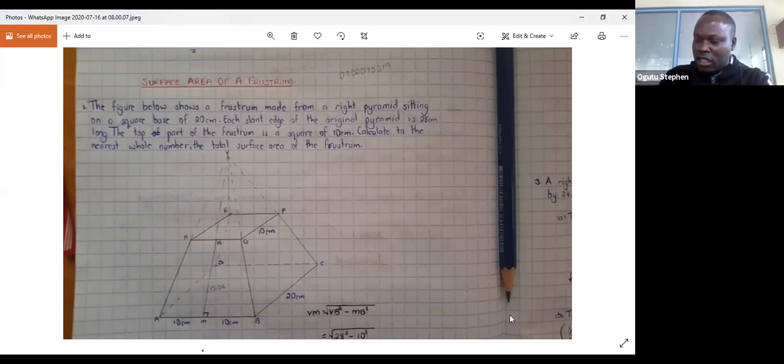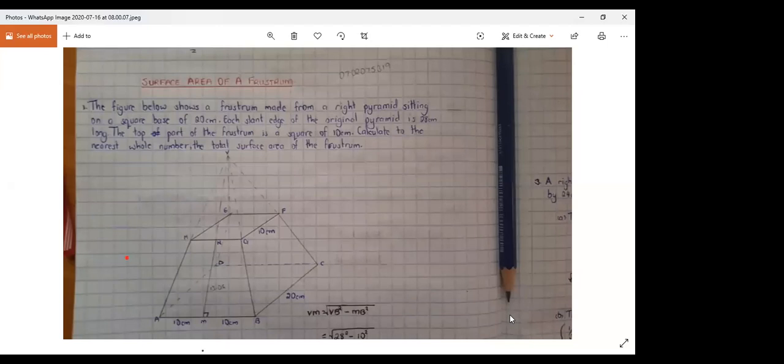Now, all of us, you can see where V is. And we also have A, B, C, D. A, B, C, D is the square at the bottom. H, G, E, F is the square at the top. Then we have the V there.